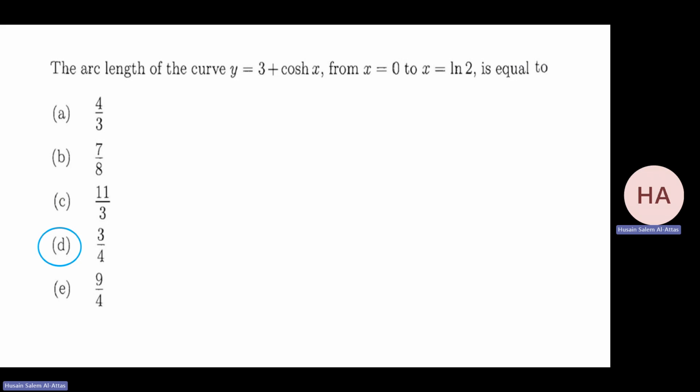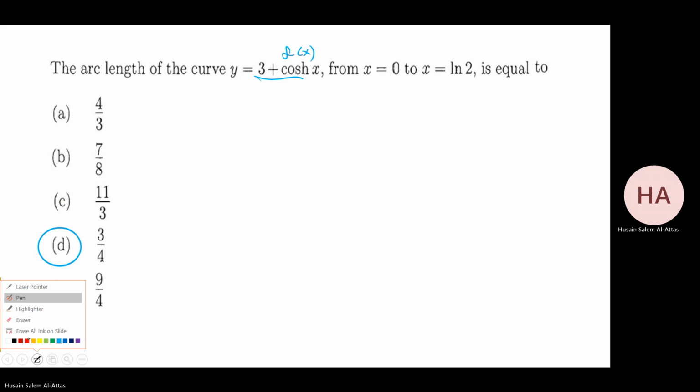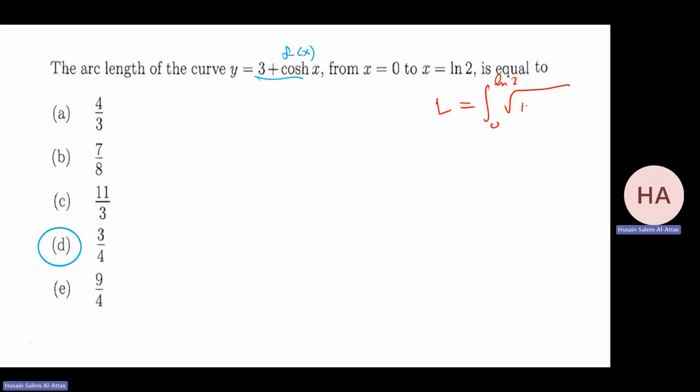The arc length of the curve, this function of x, sine hyperbolic, who cares? We'll just do the formula. 0 to ln 2, square root of 1 plus f prime of x all squared dx. Okay.